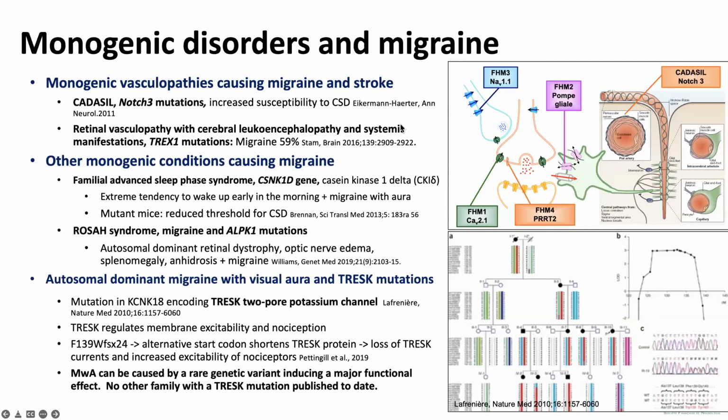And today we will not speak about these disorders. We will speak only about familial hemiplegic migraine or sporadic hemiplegic migraine with mutations in the main hemiplegic migraine genes, coding for ion channels, ion transporters, and all this machinery here in the brain called the neurovascular unit: neurons, astrocytes linked to the blood vessels.